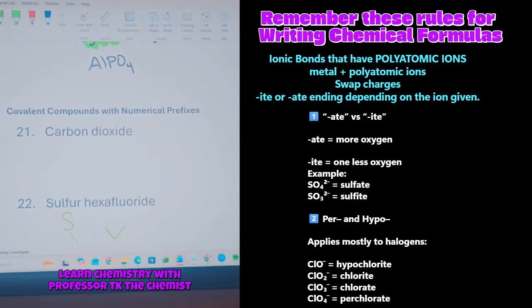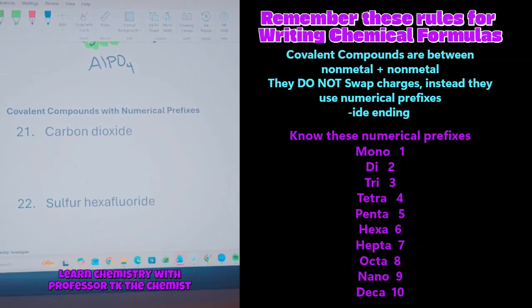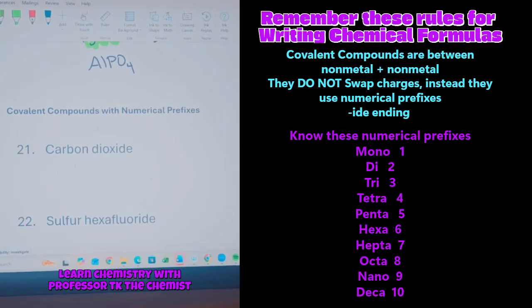For covalent compounds, let me tell you all how this works. Covalent compounds are those elements where you have nonmetal plus nonmetal, okay? Matter of fact, let me write this down so you all can see. Nonmetal plus nonmetal.